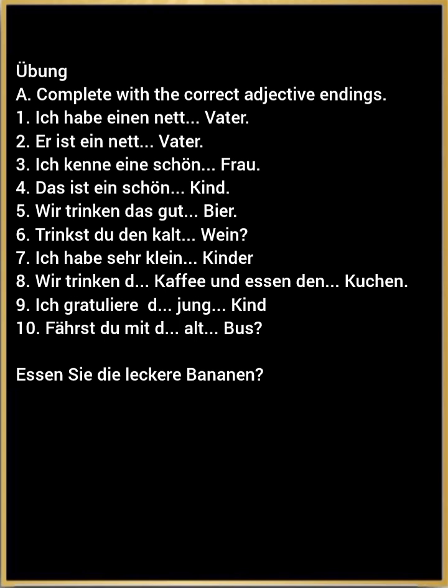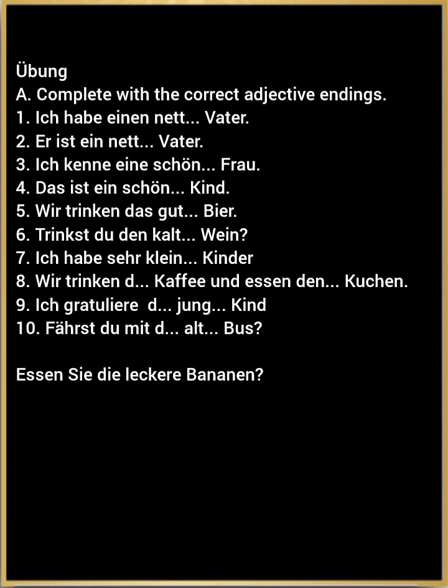Number 1, ich habe, then they used einen dash Vater. Now Vater is masculine and they've used einen. This is accusative. Now in accusative you are told after einen you add en to the adjective. So ich habe einen netten Vater.